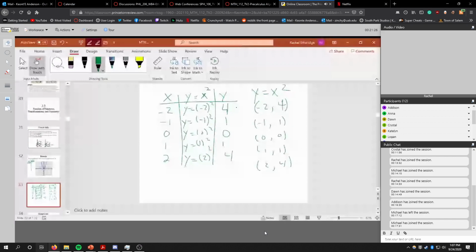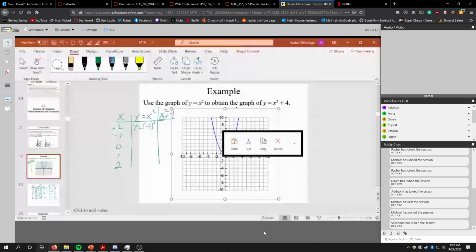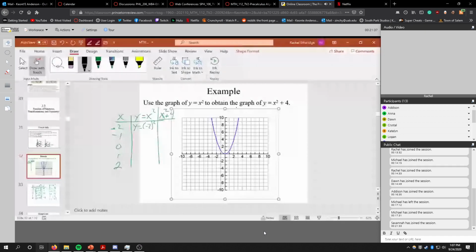So if I graph those ordered pairs, this is what I would have. I would have 0, 0 would be one of my points. I'm going to use a different pen for that, maybe. 0, 0, 1, 1, negative 1, 1, 2, 4, negative 2, 4.